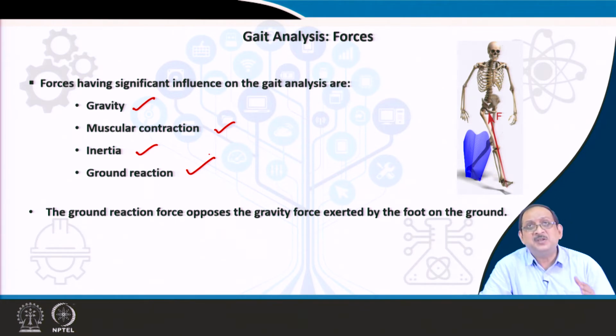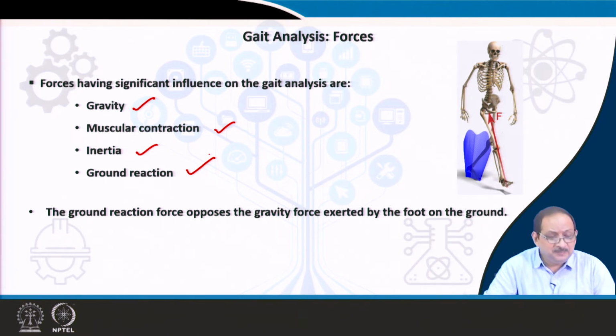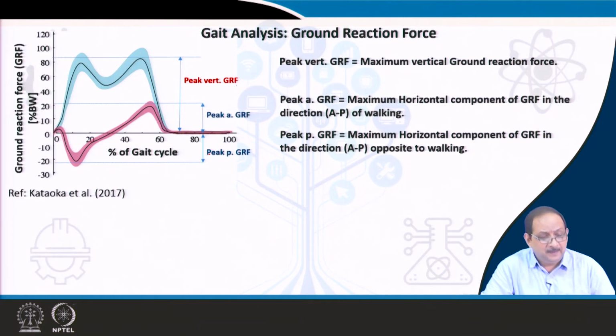When a person is in a standing posture, the ground reaction force is equal to the person's weight, but actually acts in an opposite direction to the gravity force. Now, let us look into the variation of the ground reaction force during the gait cycle.